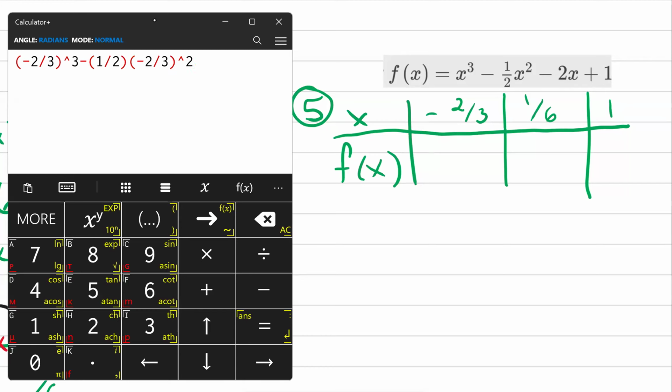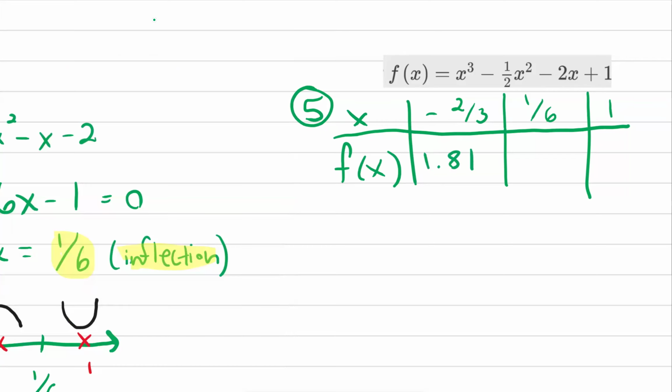And minus 2 times negative 2/3. Finally, plus 1, just plugging negative 2/3 into that entire equation, we get 1.81. Great, 2 more to go.